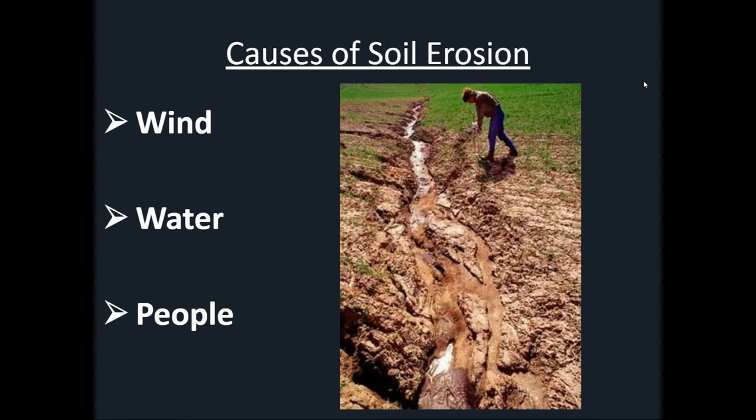So erosion is a big problem in agriculture and agricultural practices, especially if common and successful management and renewable practices are not used. Some causes of soil erosion, natural causes, are wind and water, and people also expedite this process based off the different types of practices they use in land management techniques.